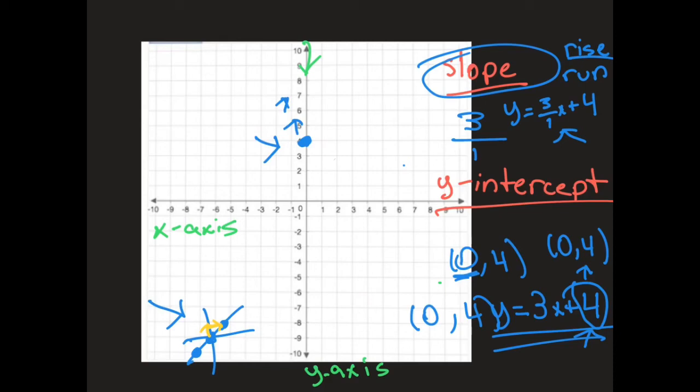So this point right here rose a certain amount and ran a certain amount horizontally to get to the next point. So the rise over the run, which is essentially the same thing as the slope of this line, however much it rose and however much it went to the right horizontally, is essentially the slope of this line.